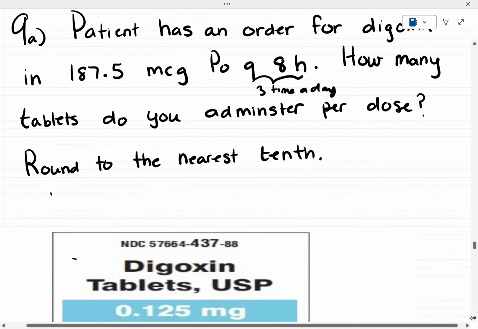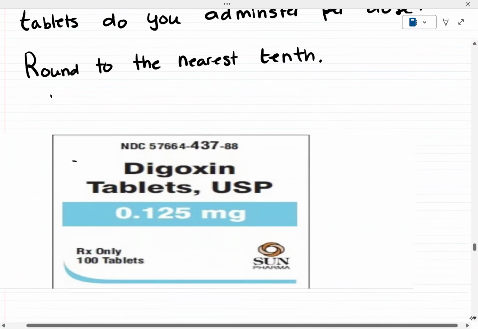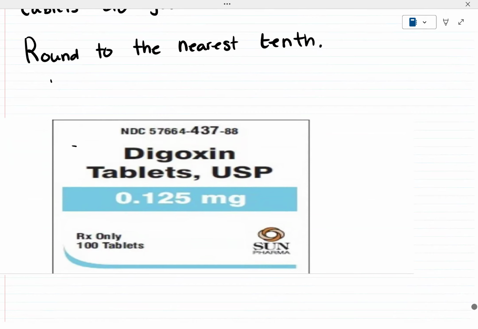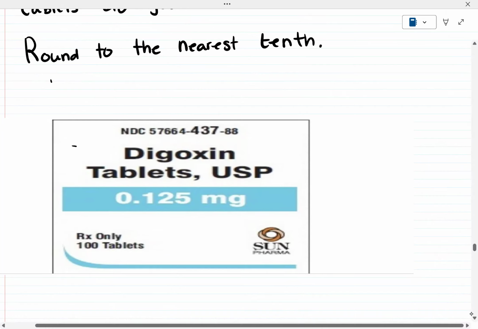And then they give us a label prescription. So you just need to know that in this prescription, the availability is 0.125 milligrams. That's all you need to know. There is 100 tablets, but that's not really important.